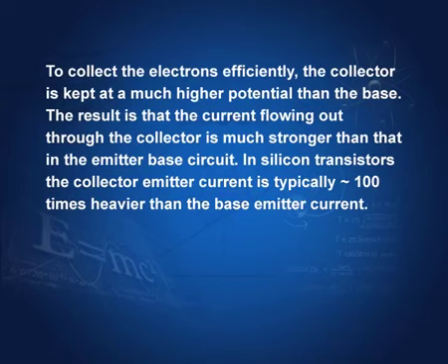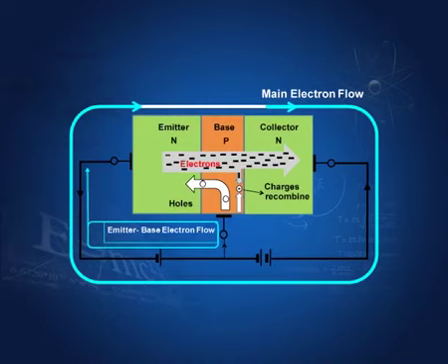The result is that current flowing out through the collector is much stronger than that in the emitter base circuit. In silicon transistors, the collector emitter current is typically 100 times heavier than the base current. This one is 100 times heavier than this current, because here the potential is kept very high, so that all electrons which flow from the emitter are collected.